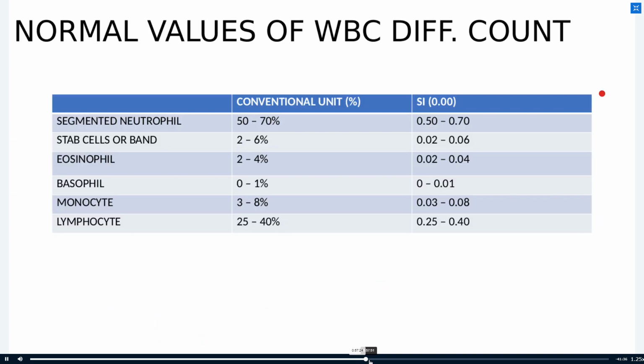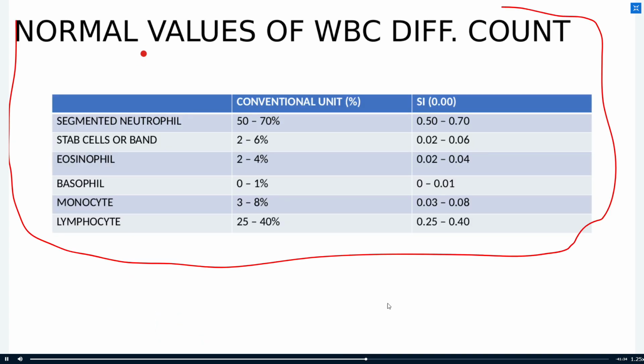How about yung ito? Is this for absolute or is this for relative count? Bakit relative?